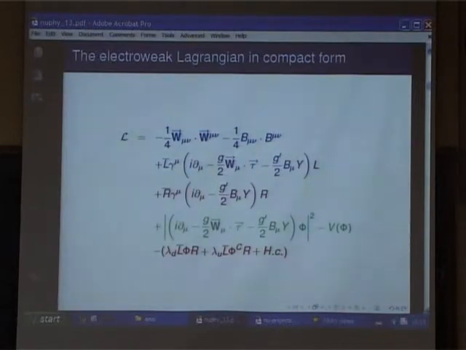Only such things are allowed. And these terms will finally give masses to the electrons, muons, up-type quarks and down-type quarks. The reason is the following, I will come to that. This term will only give masses to d-type quarks, and this term will only give masses to u-type quarks.